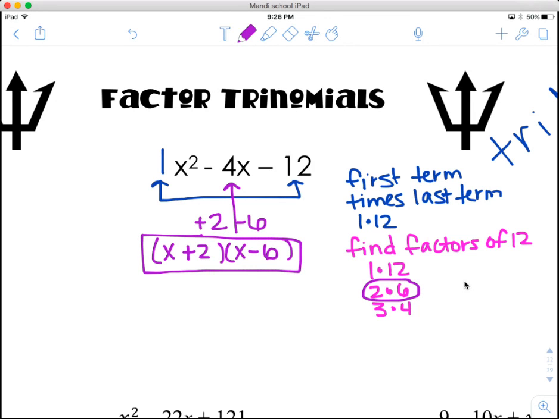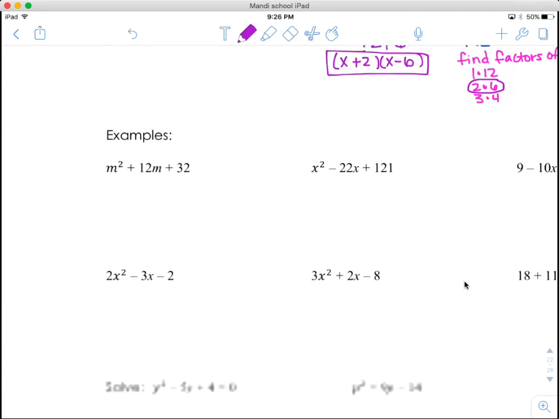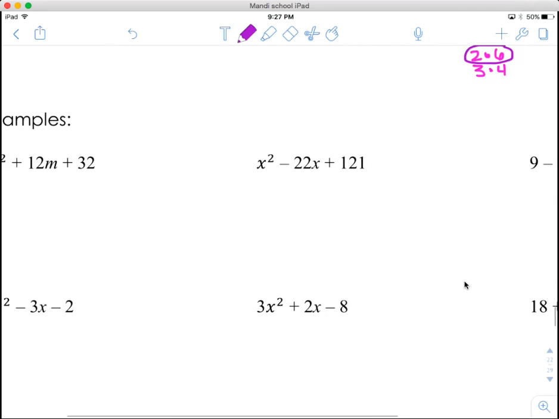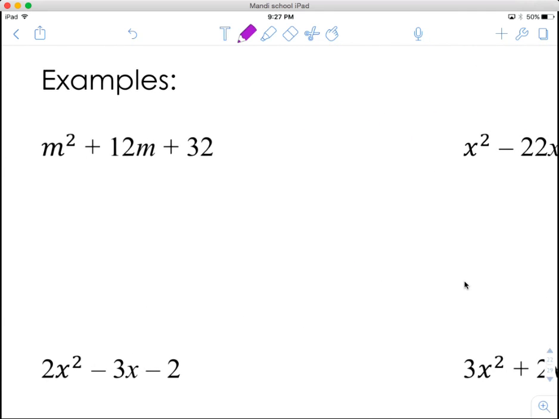So let's look at another example using the Trident method. This one says m squared plus 12m plus 32. So remember, the 1 is in front of here. 1 times 32 is 32.